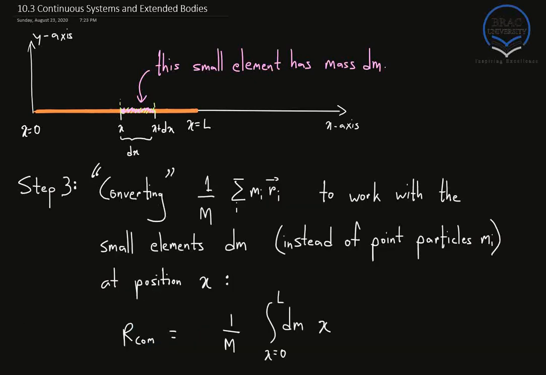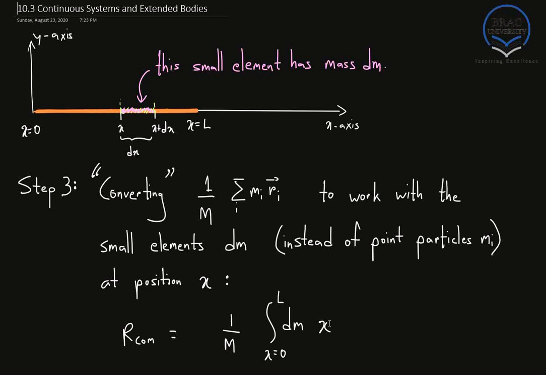Good. Next, we want to convert this expression into an integral form. So we convert this to work with small elements dm, and this is what it looks like. Because we only have a one-dimensional object and we are considering the change in x only, our RCOM would be written like so: in place of mi we take dm, in place of ri we take x, which is the position coordinate of this element dm.